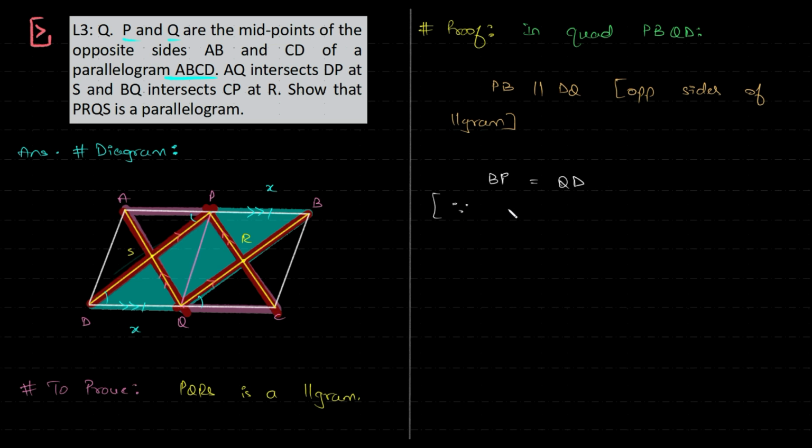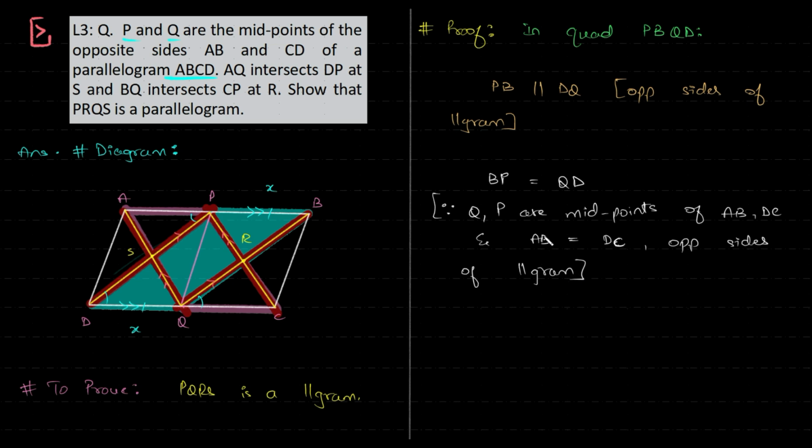Reason being because Q and P are midpoints of AB and DC, right? And we have AB equal to DC, as they are opposite sides of a parallelogram.